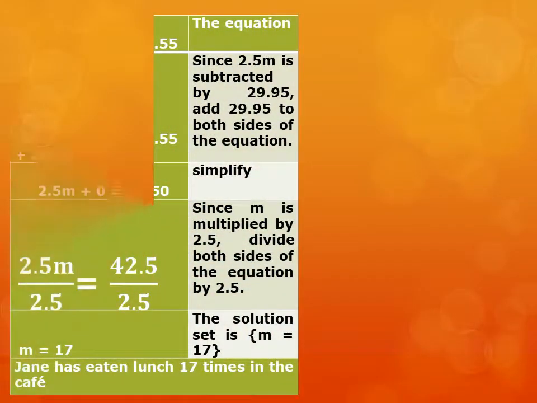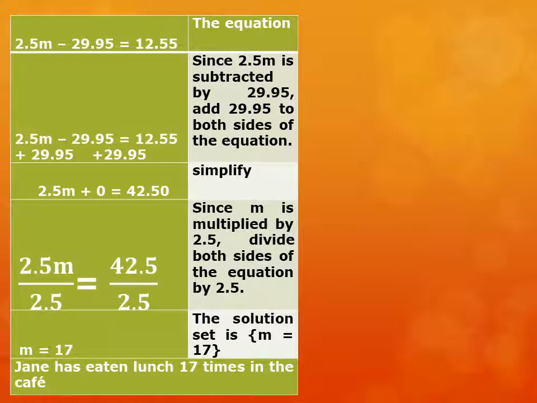Our equation becomes 2.5M minus 29.95 is equal to 12.55. Since 2.5M is subtracted by 29.95, we are going to add 29.95 to both sides of the equation.